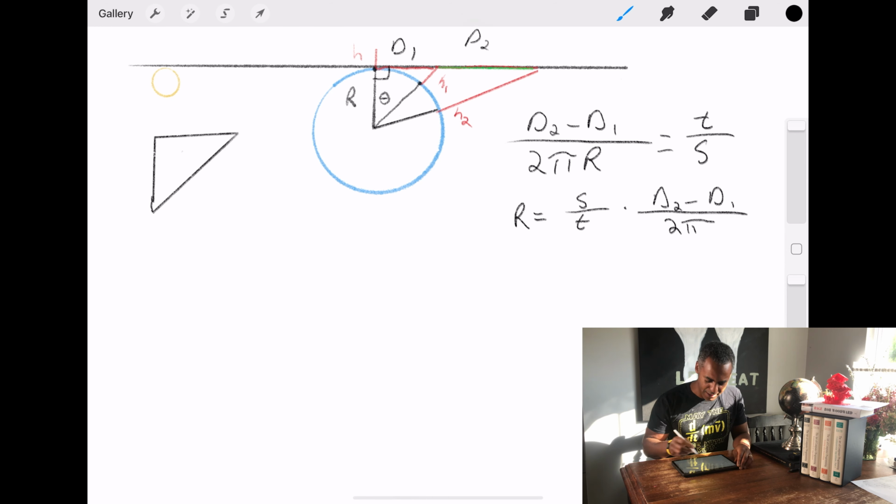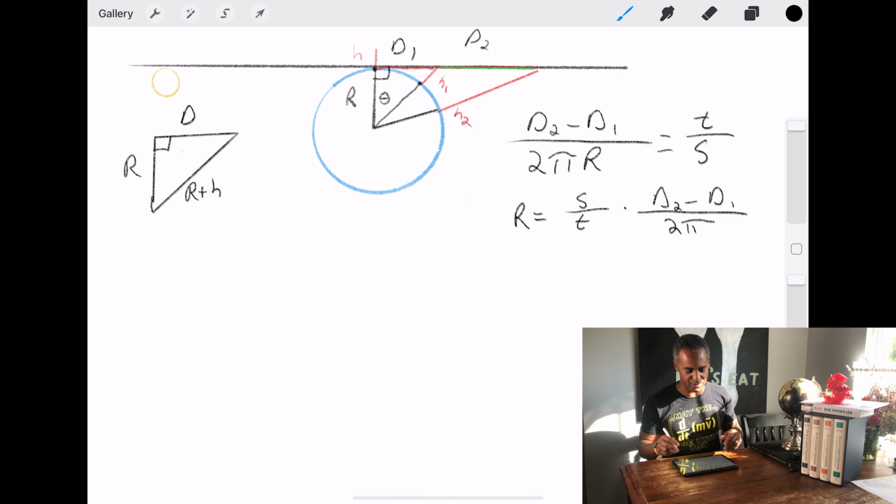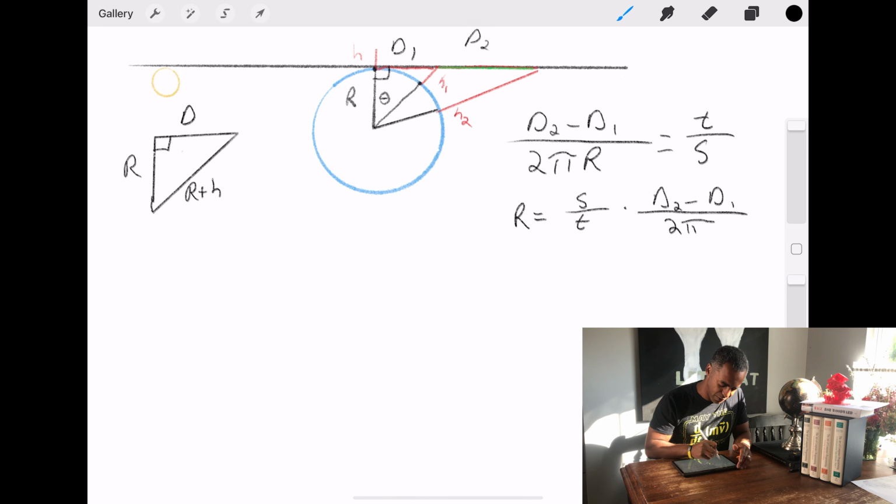Okay, so it's obviously the same for D1 and D2, so we'll just use D here. And this is R, and this is R plus H, which would be H1 or H2, of course. You may remember from the Pythagorean theorem of right triangles that a squared plus b squared equals c squared.